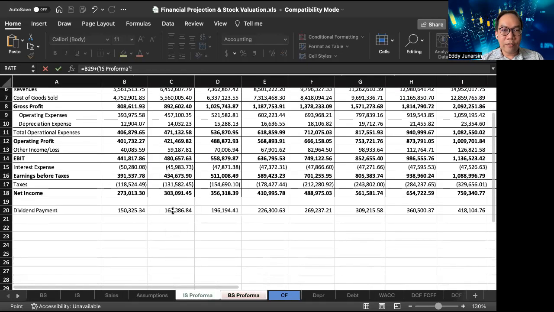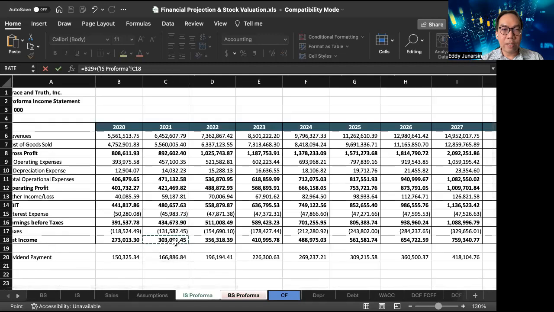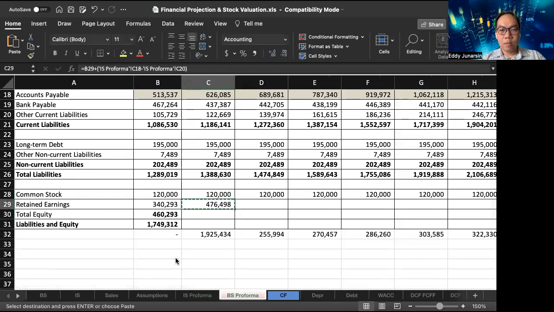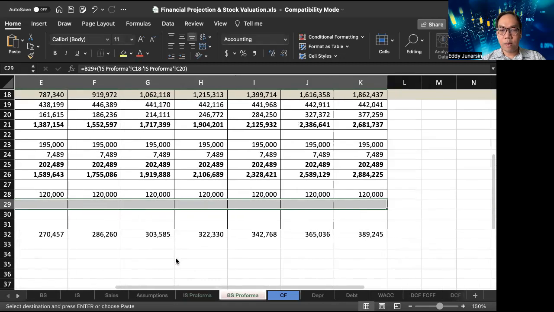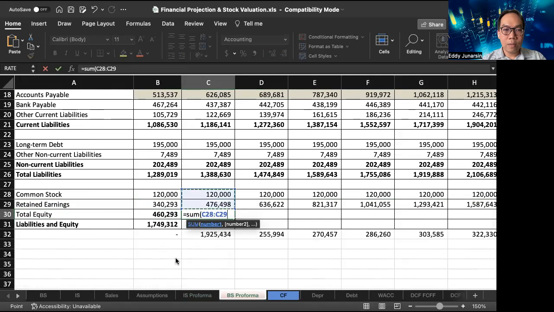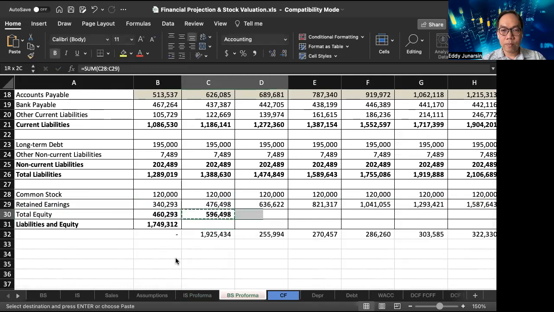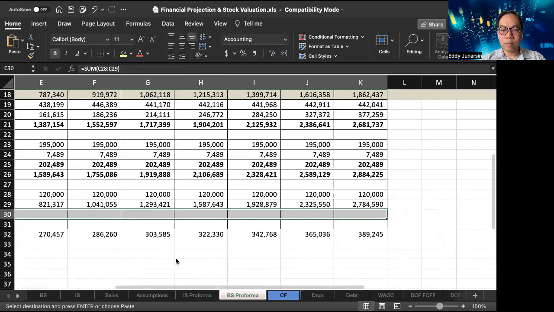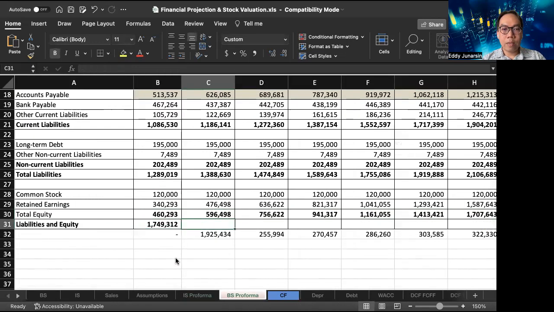So the savings would be the difference between the net income and dividend payment. Okay. So total equity is common stock plus retained earnings. And the liabilities and equity would be the total liabilities plus total equity.